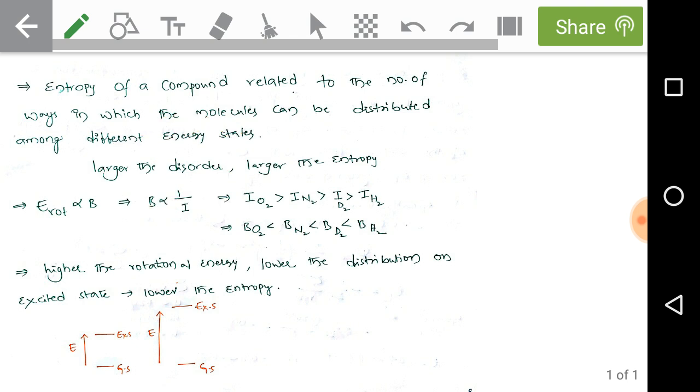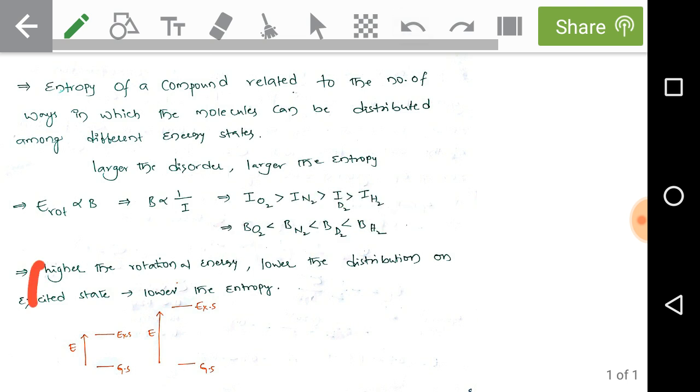Now we know that the rotational energy is directly proportional to the rotational constant B, and B is inversely proportional to the moment of inertia I. If you look at O2, N2, D2 and H2, I is directly proportional to reduced mass, and the reduced mass for O2 is more than N2, which is more than D2, which is more than H2. So the order of moment of inertia can be observed like this, and the rotational constant follows the opposite order.